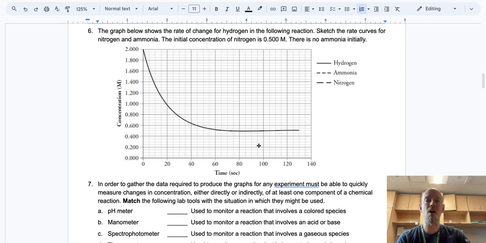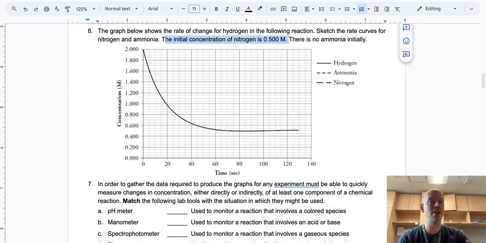And when we're doing it on a graph, you don't need every little dot along the way to be perfect. What we do want to see is how much each chemical has changed. Here we're focusing on hydrogen, which from beginning to end had a change of a certain number of moles. How much should nitrogen change during that time, and how much should ammonia change?